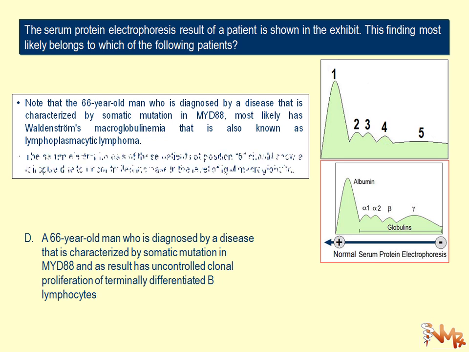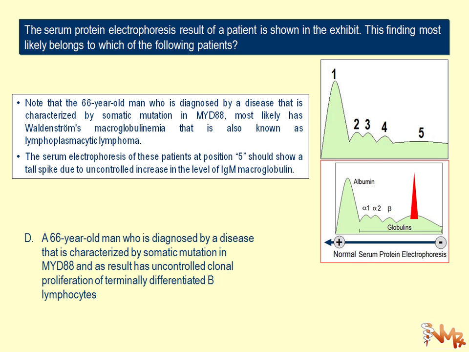The serum electrophoresis in patients at the position 5, the same way that I'm showing, they should show a tall spike, but this time this is due to uncontrolled increase in the level of the IgM. You have to contrast this with multiple myeloma, that red spike in multiple myeloma was due to IgG and IgA. In Waldenstrom, this is due to IgM.